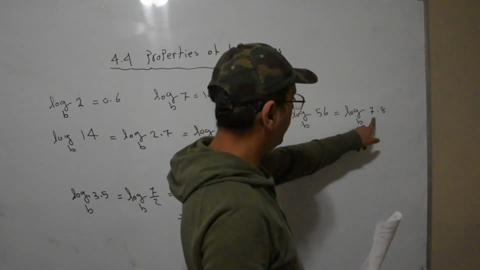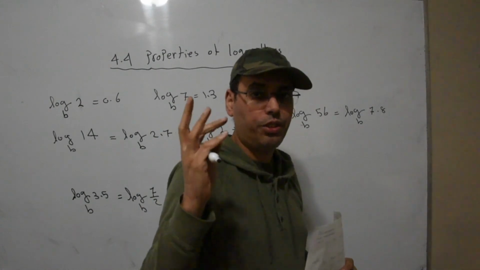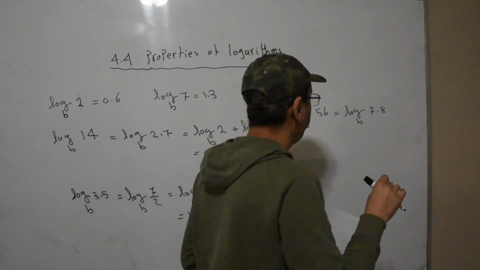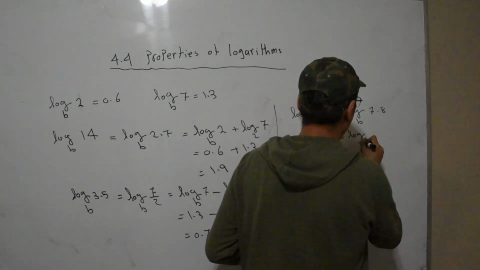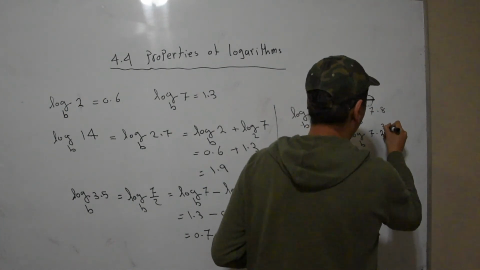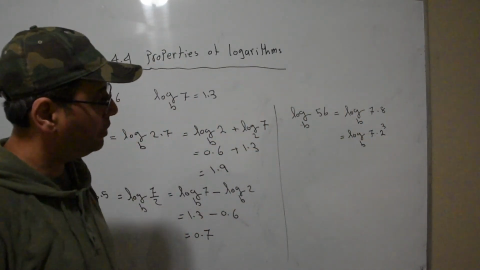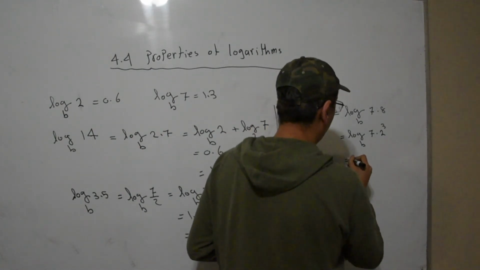But 7 is okay, but I don't know what 8 is. But I know that 8 is 2 times 2 times 2. So I can rewrite it as log base b of 7 times 2 cubed. Right? Okay, now I break it down into two logs.